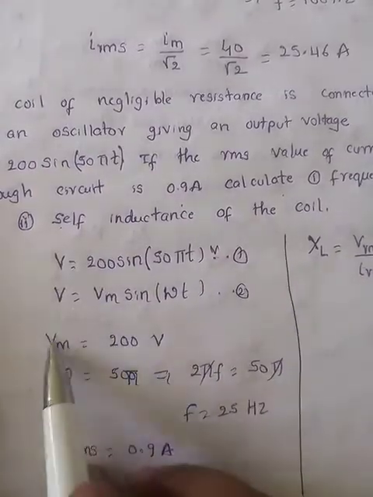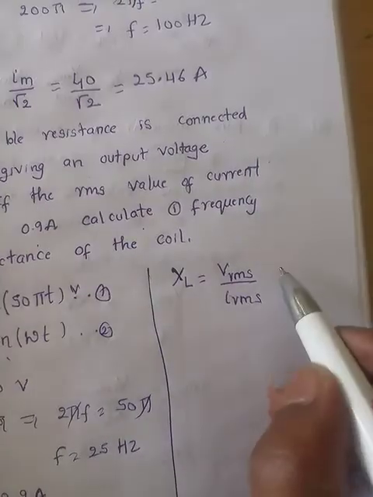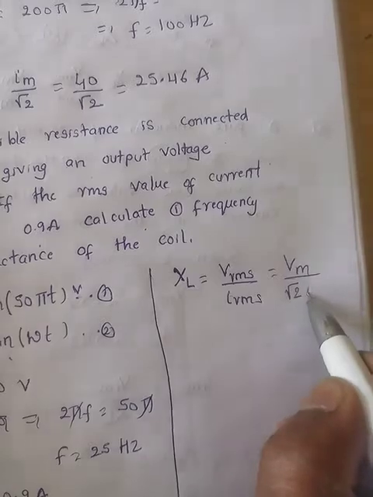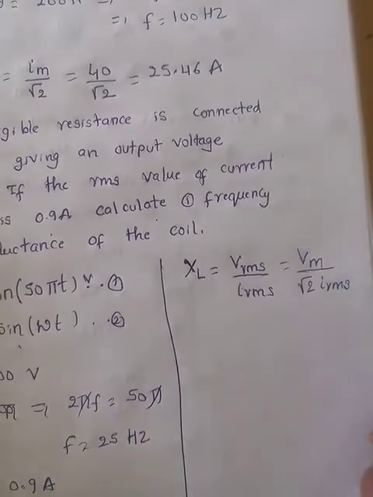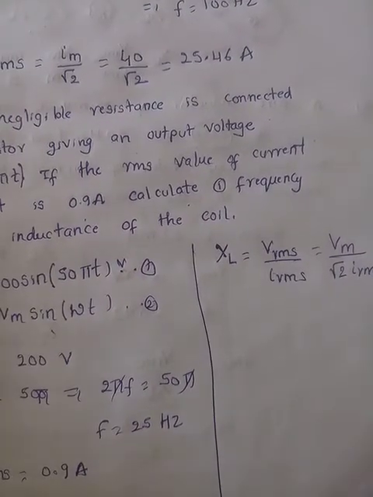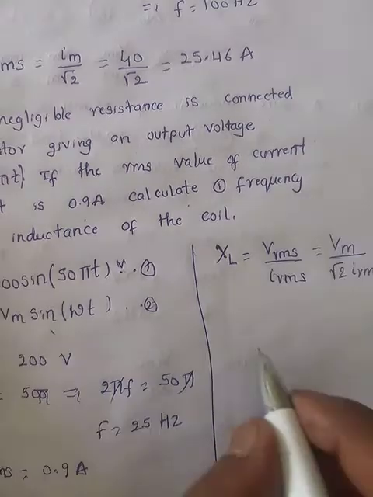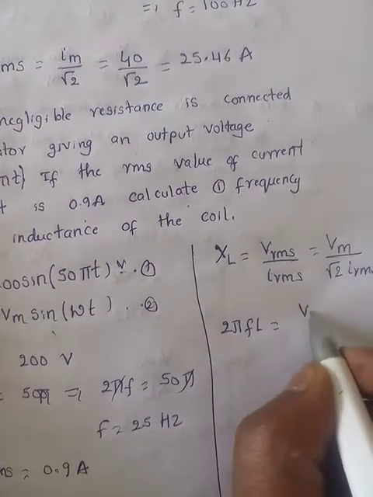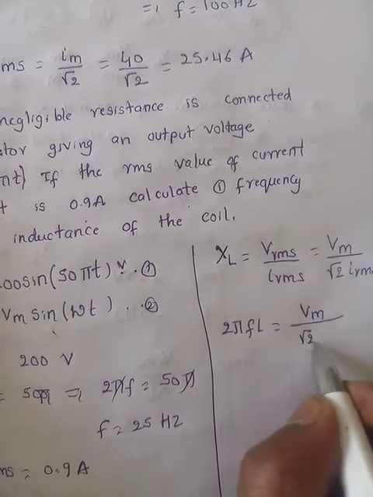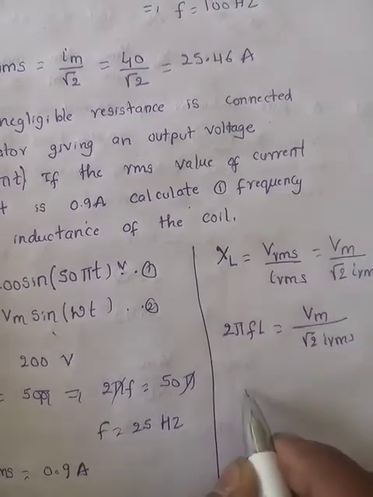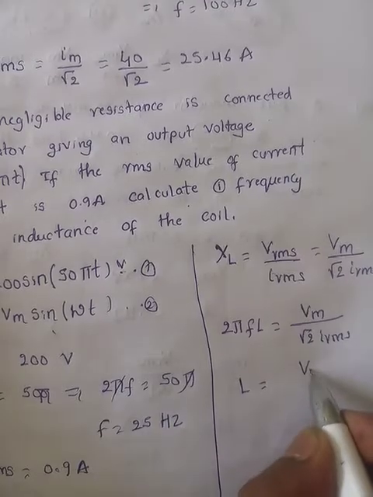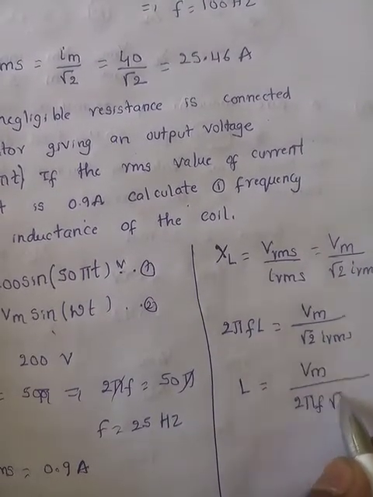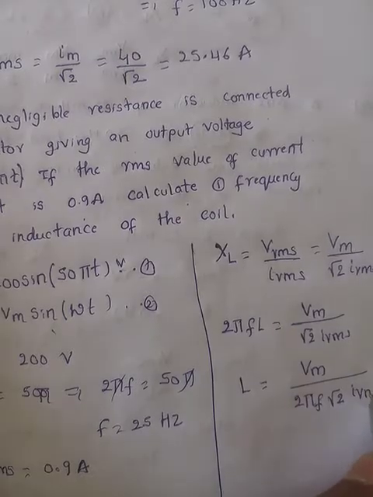We have Vm, so I can write Vrms as Vm by root 2. XL is 2 pi FL, equal to Vm by root 2 into Irms. So L is equal to Vm by 2 pi f root 2 Irms.